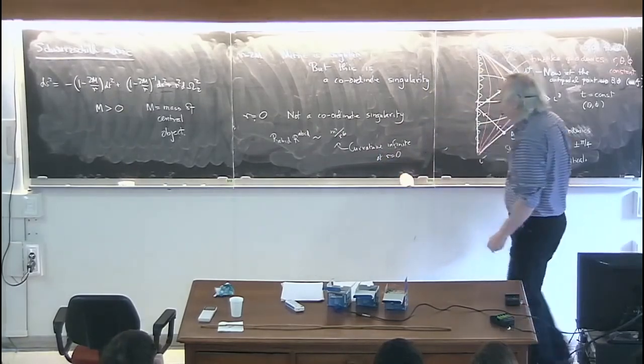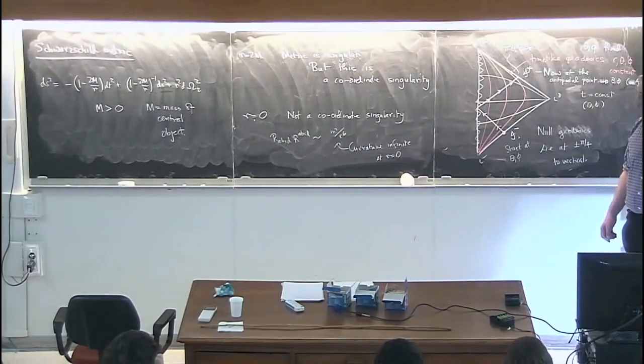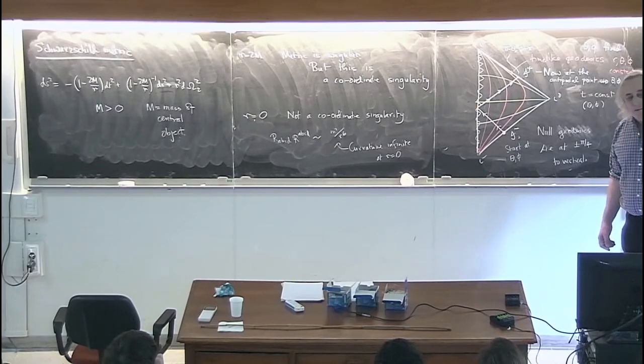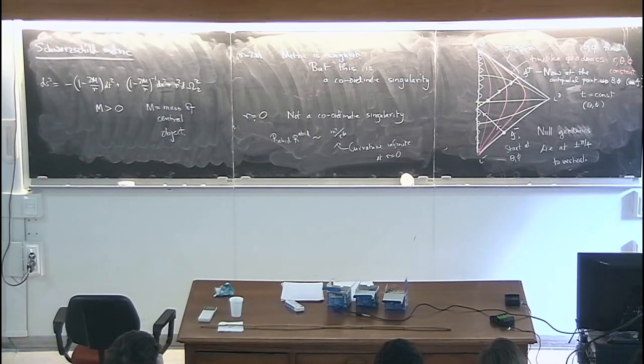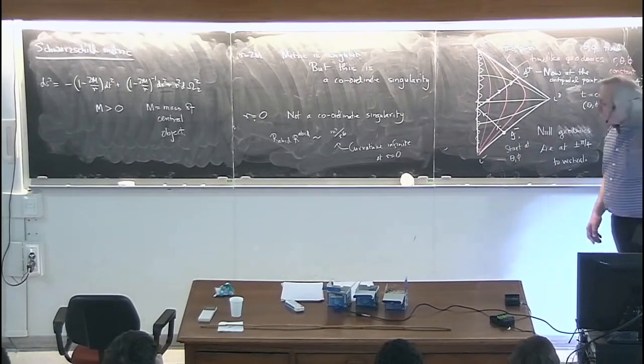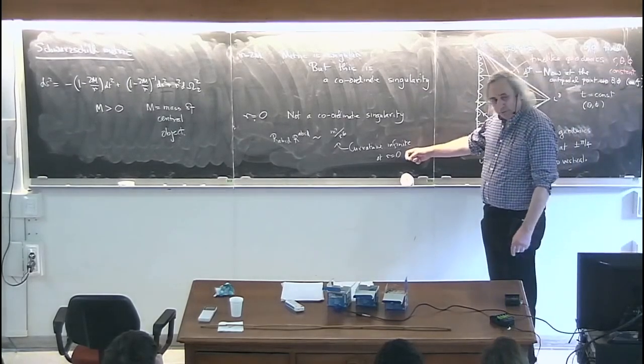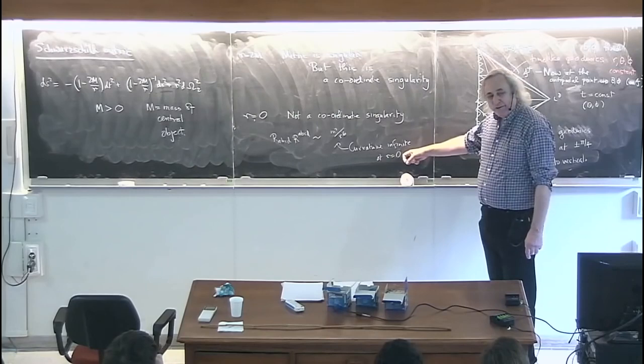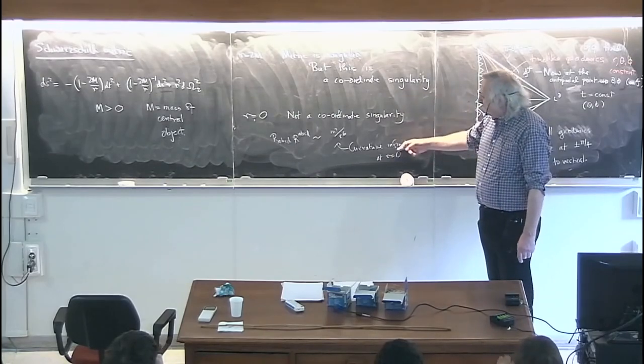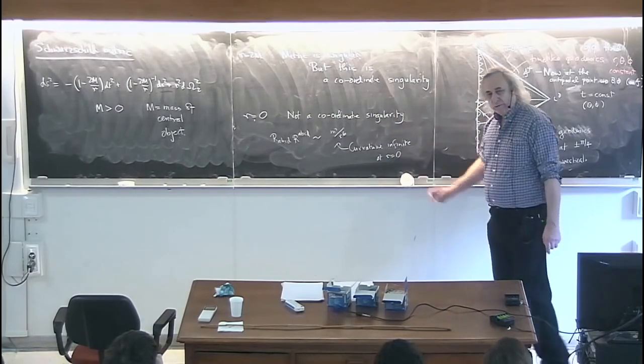It's not infinite at r equals 2m, but that's not a sufficient reason to believe that it's not singular there. What you'd actually have to do is to construct a transformation that takes you to a sensible coordinate system, given that something bad is happening. So this is a hint that this is terrible. Well, this makes it a certainty that this is terrible, but the fact that this is finite only hints that this is a coordinate singularity.